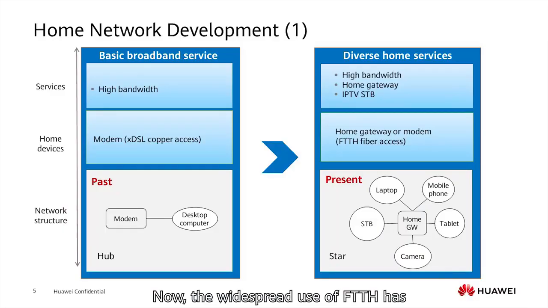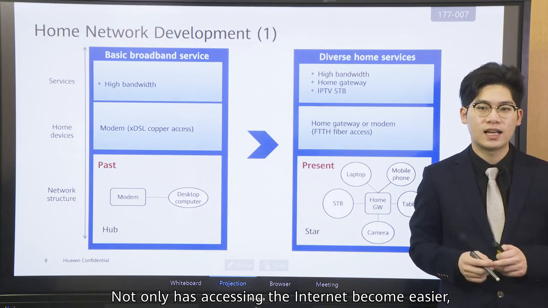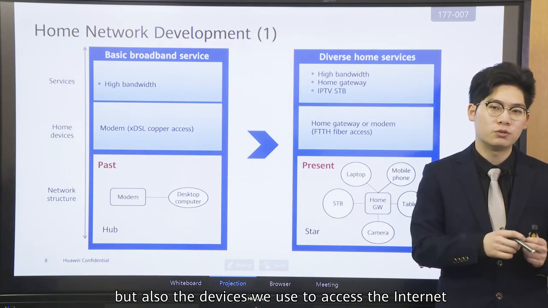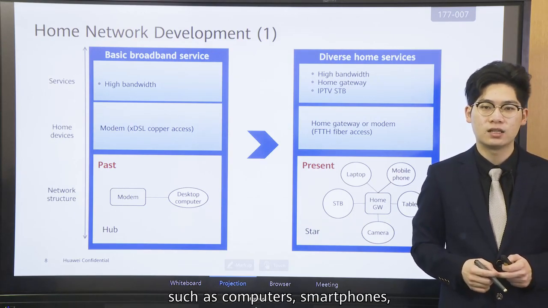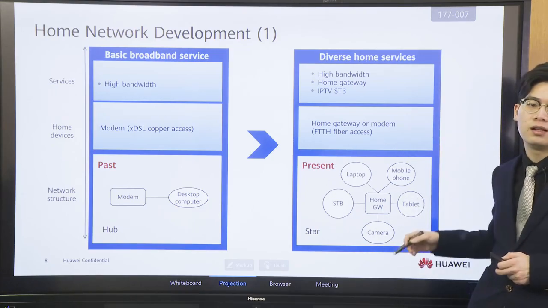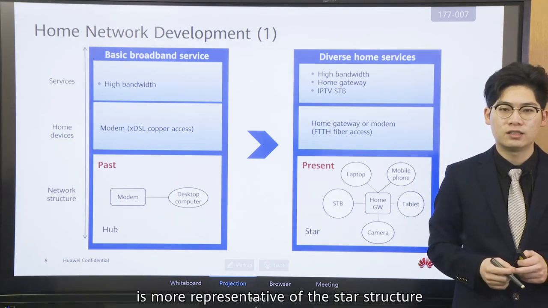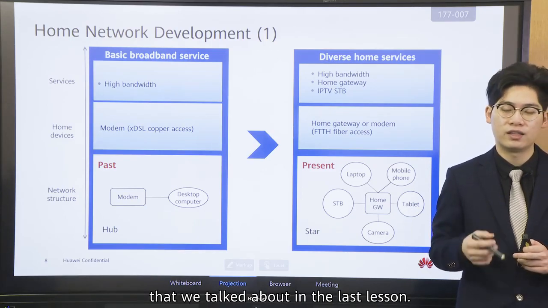Now, the widespread use of FTTH has led to optical modems being widely used in homes, with which wireless internet has become a mainstay. Not only has accessing the internet become easier, but also the devices we use to access the internet have become smaller and more diverse, such as computers, smartphones, tablets, and set-top boxes. A typical home network nowadays is more representative of the star structure that we talked about in the last lesson.